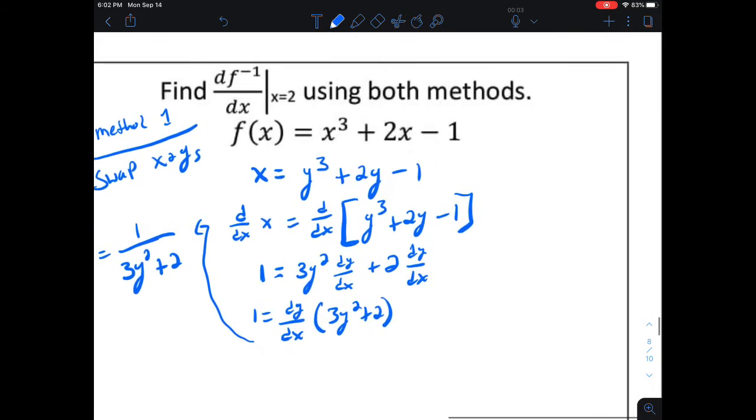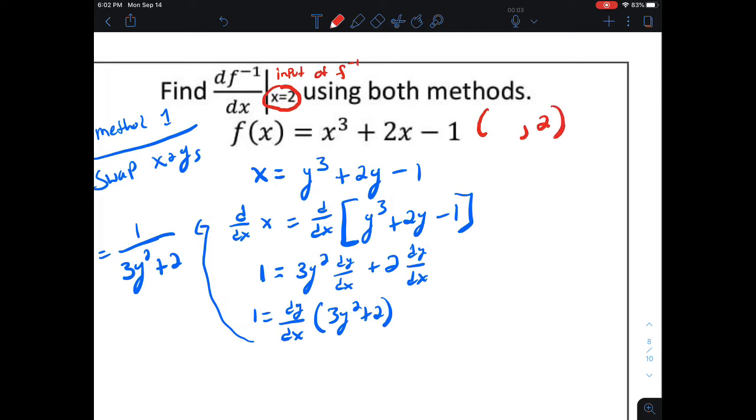And looking at what our derivative notation is, when we're putting in x is equal to 2, this is actually the input of my inverse. So that is actually the input of the derivative of our inverse function, which in terms of the coordinate of f of x means that I have a y value of 2.